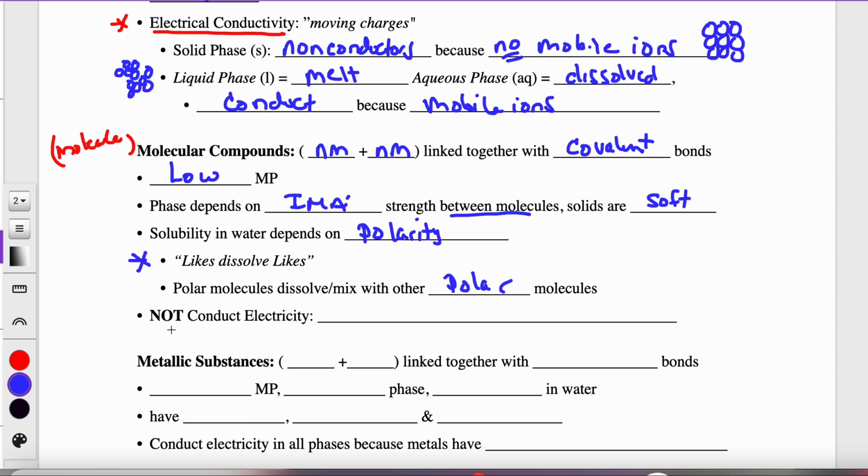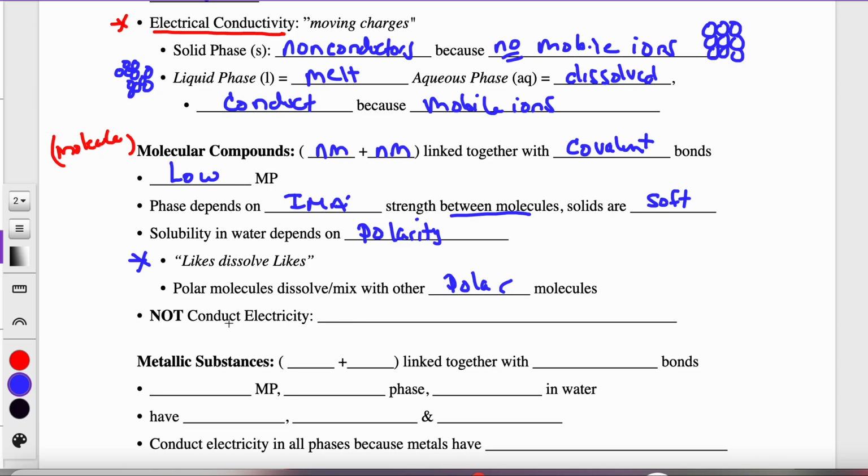Now, molecular compounds do not conduct electricity. The reason why is, number one, molecular compounds are made up of neutral nonmetal atoms, so there are no mobile ions. And number two, their electrons are trapped between those two atoms. They are not freely moving.